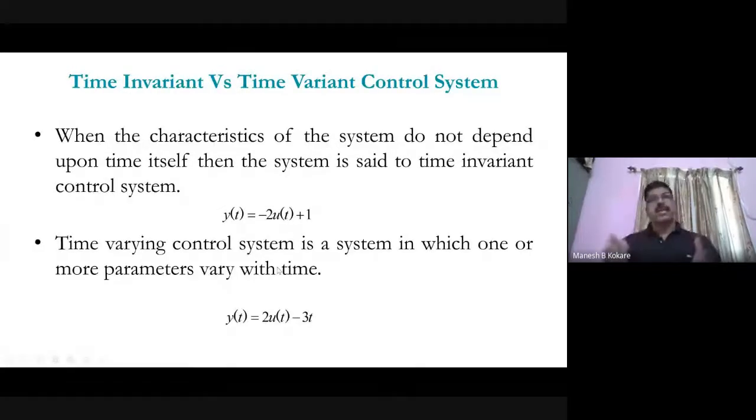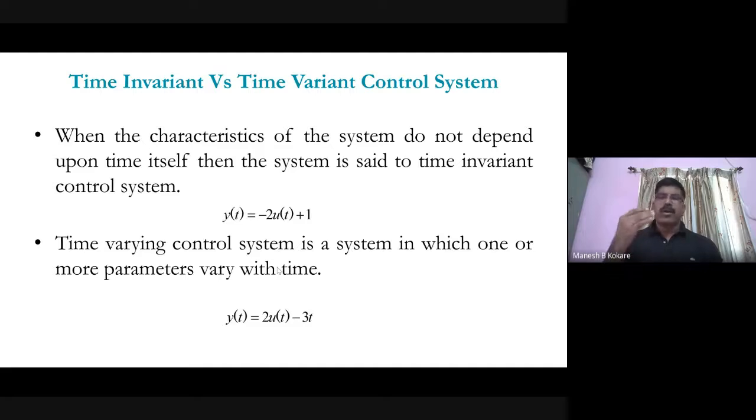Now we'll see the second type of control system, that is, the time invariant control system and the time variant control system. You know the system whose output does not change with respect to time. For example, suppose we have designed a voltage regulator for an output voltage of 10 volt and a load current of 2 ampere.